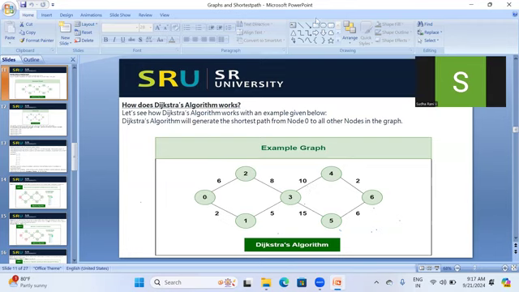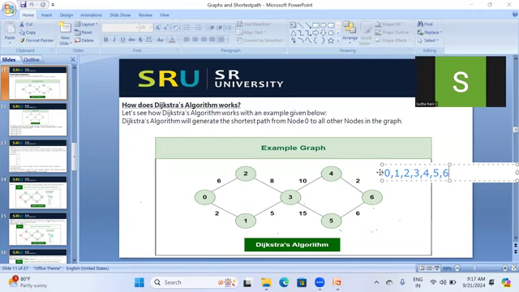So first, what nodes do we have in total? See here, we have the nodes 0, 1, 2, 3, 4, 5, and 6. These are the different nodes we have.